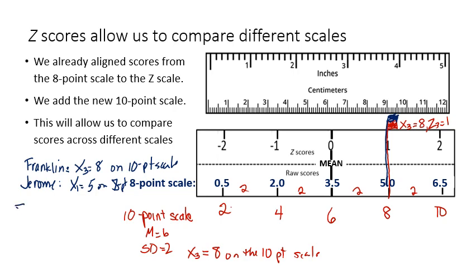So z3, Franklin's z-score, is the same as z1, Jerome's z-score, and both of them equal 1. There's no difference, even though it looks like Franklin had a higher score than Jerome.